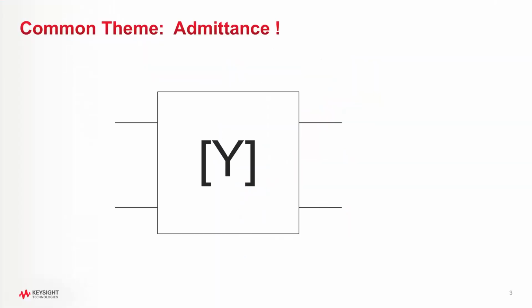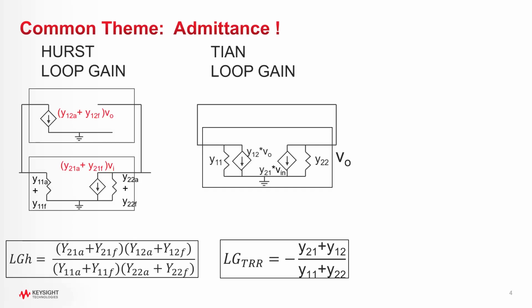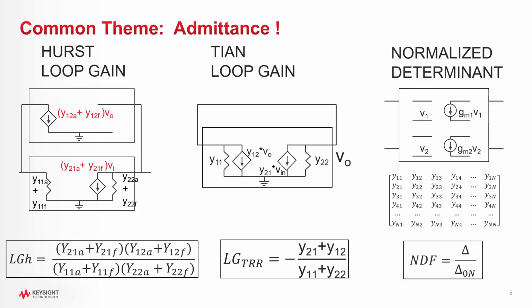The key to solving the problem lies with admittances. Throughout this video series, we kept coming back to admittance matrices as some kind of common theme. For example, the Hurst and Tian loop gains were explicit manipulations of an admittance matrix, and NDF was the determinant of an admittance matrix. The main issue we had was just deriving those admittances without perturbing the rest of the circuit or without doing multiple simulations like we had to do with the null injection.